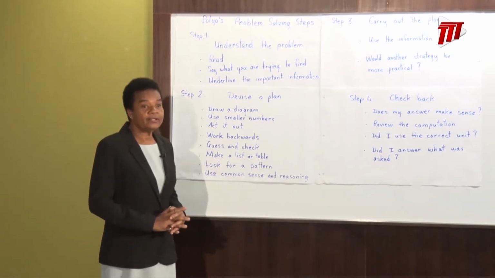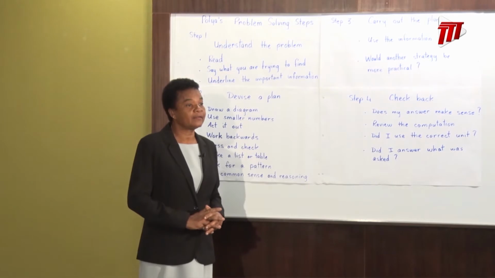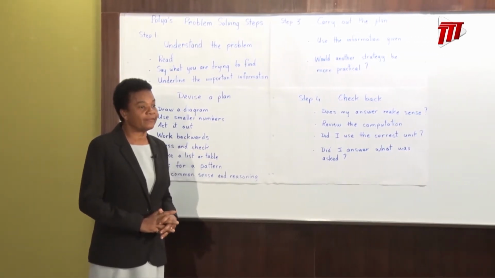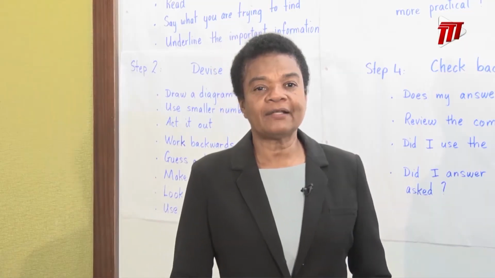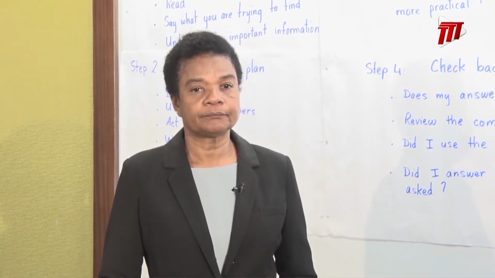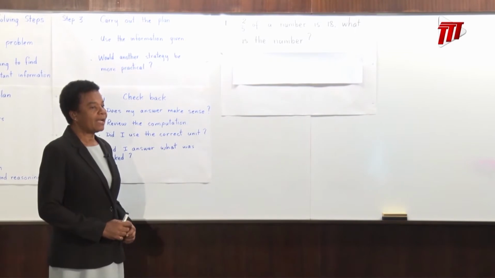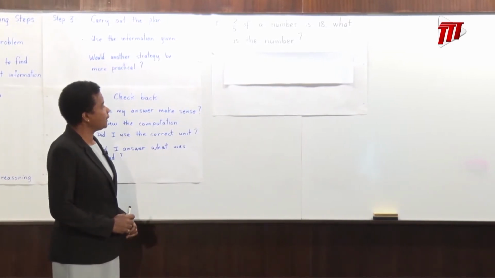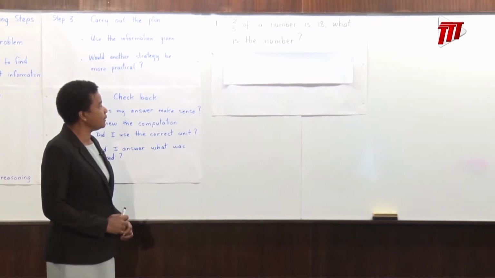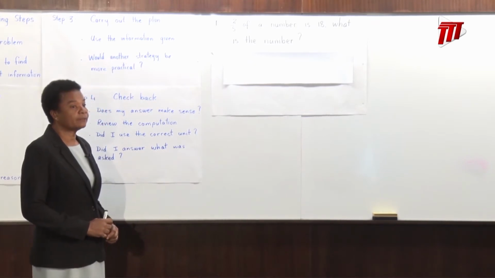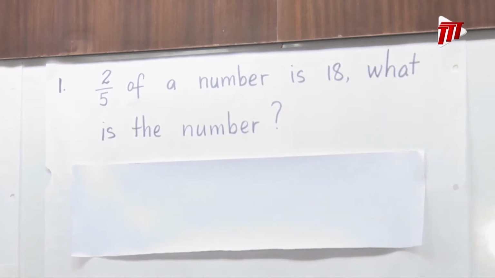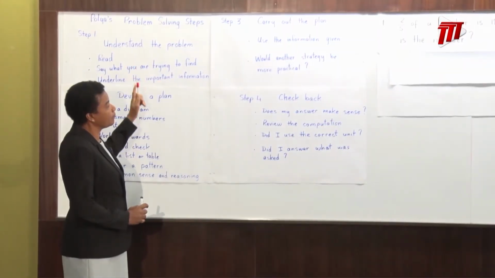Now we are going to look at a couple of questions and see which strategy would be best used for each question. So let's look at our first problem. Read aloud while I read it with you. 2/5 of a number is 18. What is the number? Remember, our first step says you have to understand the problem.